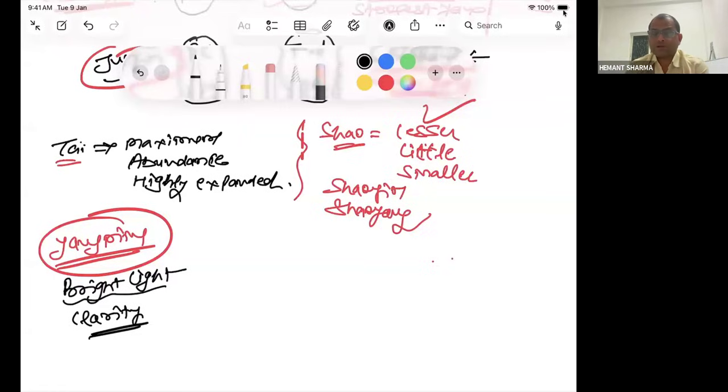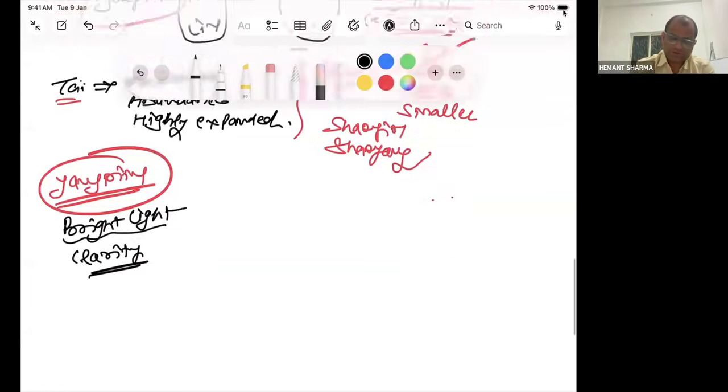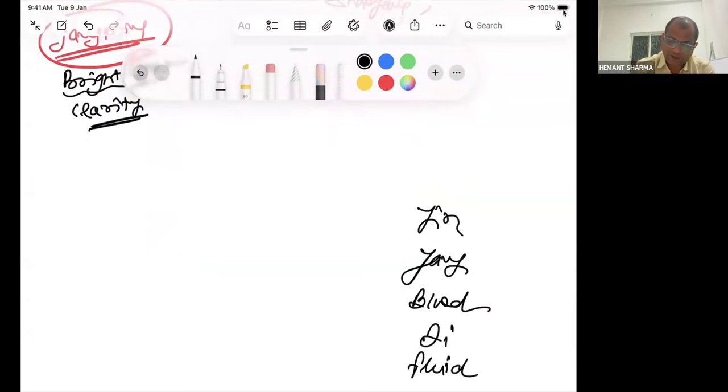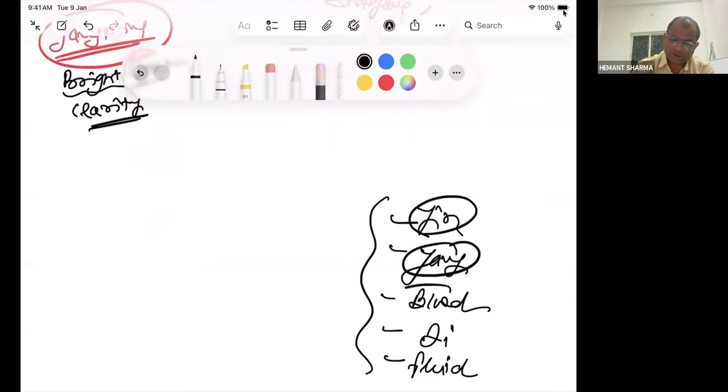In the TCM, in acupuncture, there are many things: we have yin, we have yang, we have blood, we have chi, we have fluid. Everything we should know. All things are different. Yin is different, yang is different, blood is different, chi is different, fluid is different.